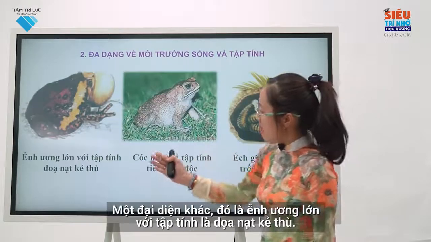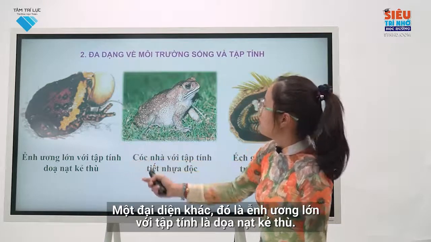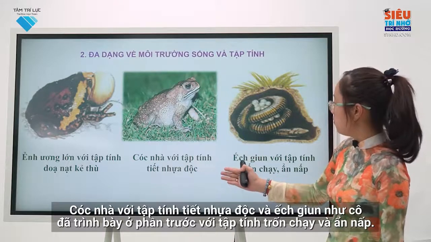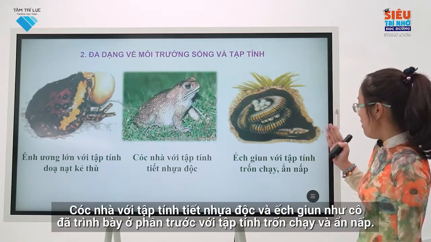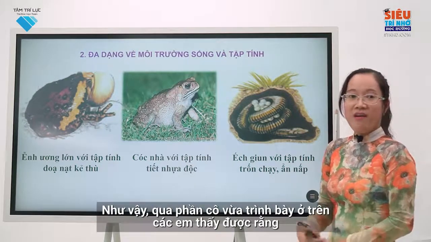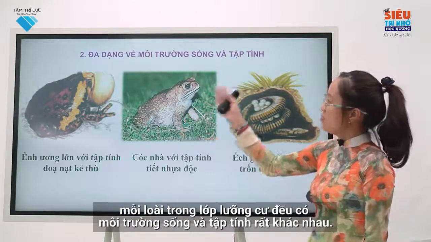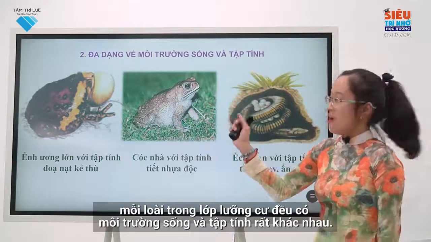Another representative is the large banded bullfrog, whose behavior is intimidating the enemy. The house toad has poisonous secretions, and the Ichthyophis glutinosus, as I described in the previous part, shows running away and hiding behavior. Thus, through the part I just presented, you can see that each species in the amphibian class has a very different habitat and behavior.